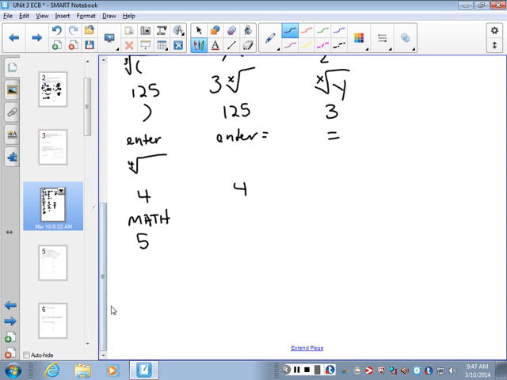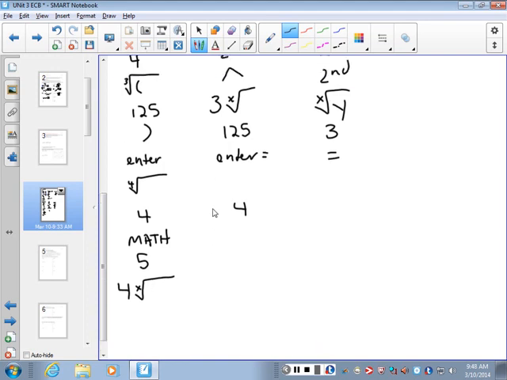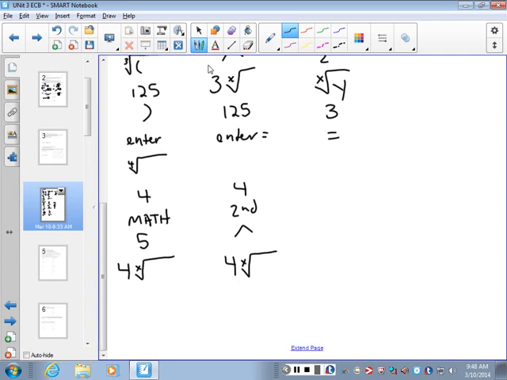So your screen now looks like big 4, x root. And what your calculator is doing again is taking that 4 into the index. If you have the scientific calculators, it's second caret key again. And again, you'll look the same. Then you can enter your radicand, which is 625. There were no parentheses, so don't add any in at this point and hit your enter or your equals.